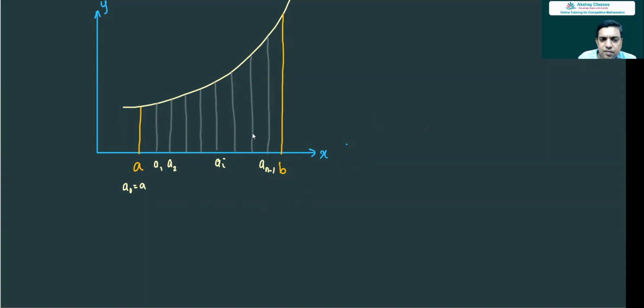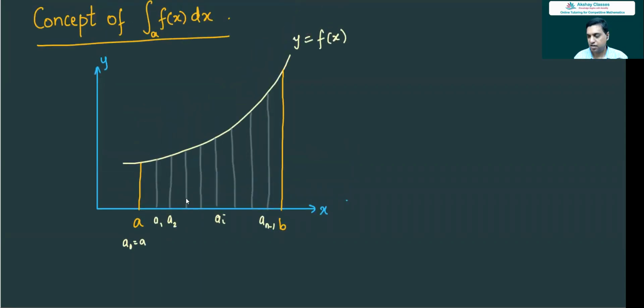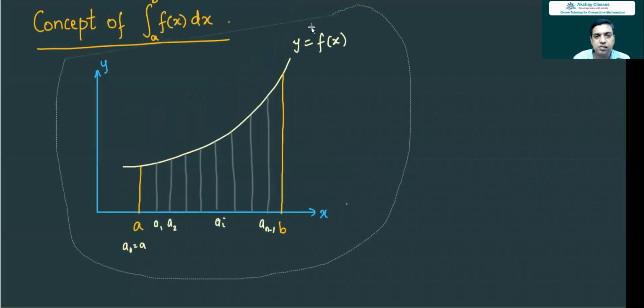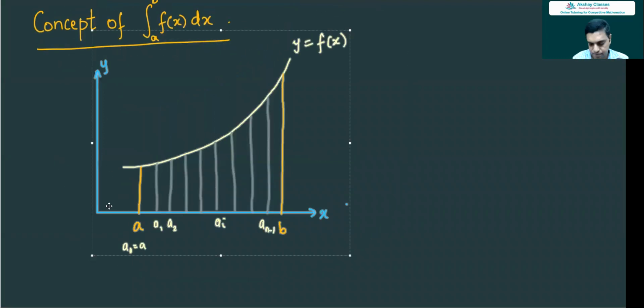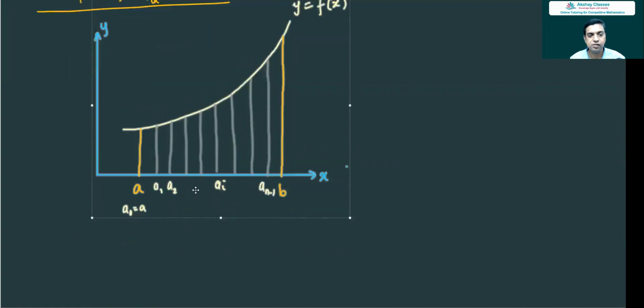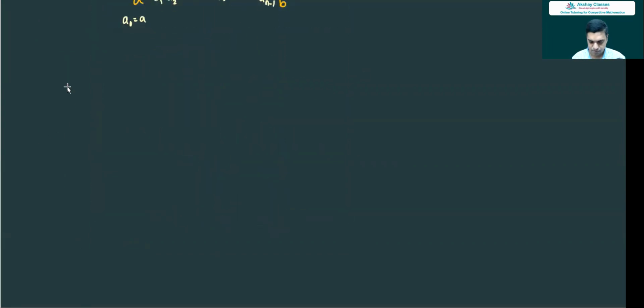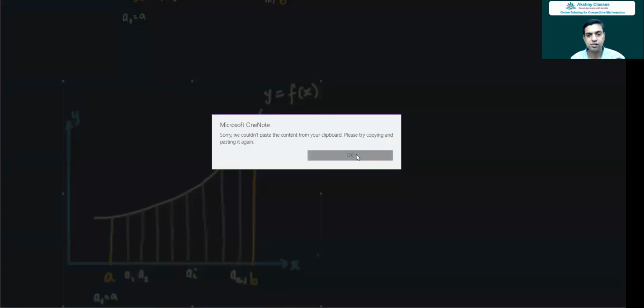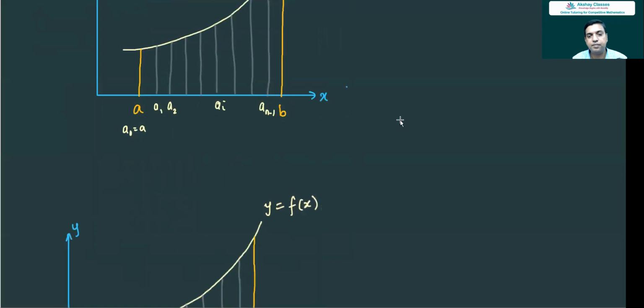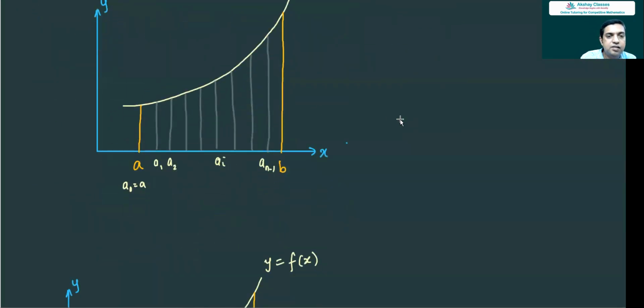Now just look at this. The way I plot, I'll replicate the exact image again. I've replicated this.